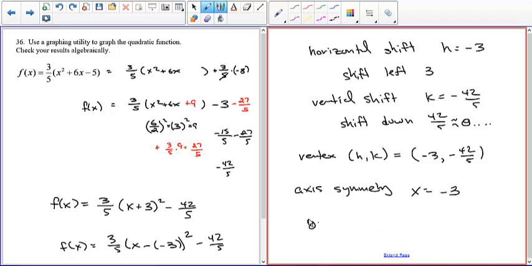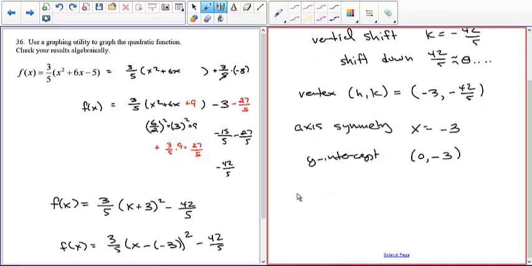The y-intercept. So if we go back here to the original equation, we put in 0. All we have left is -5, and -5 times 3/5. So that's going to be -3. So it's going to be 0 comma -3.